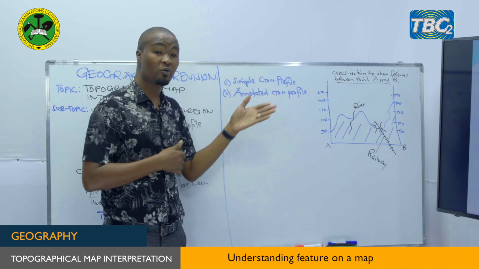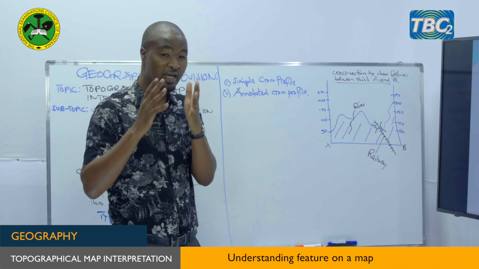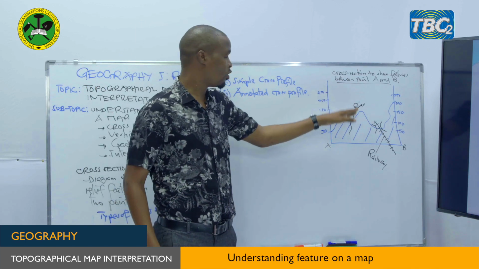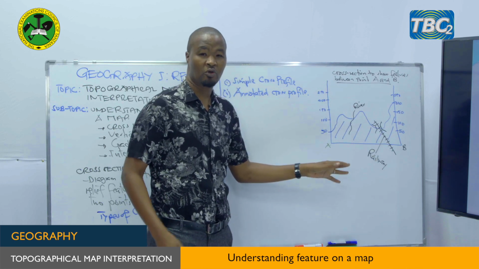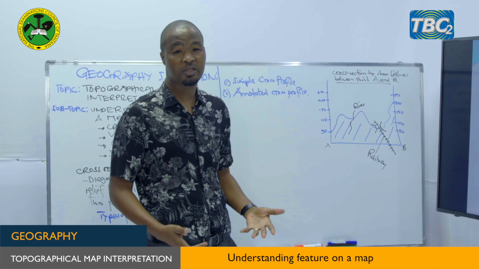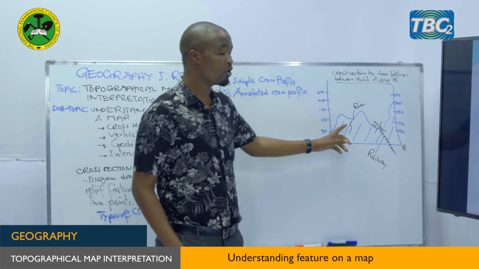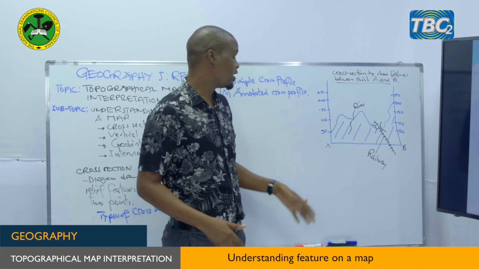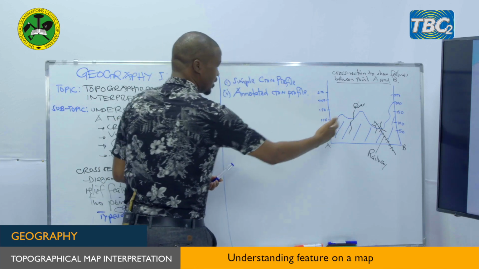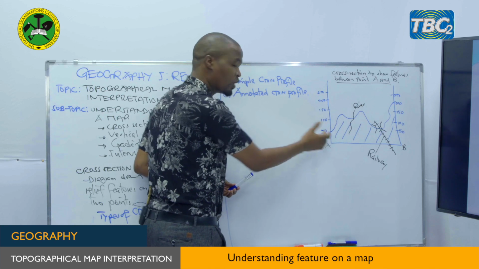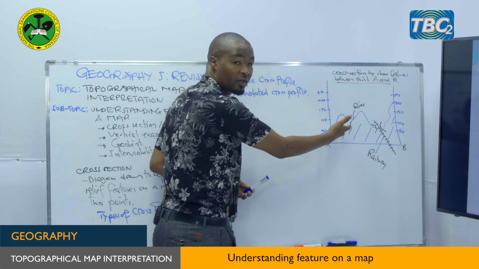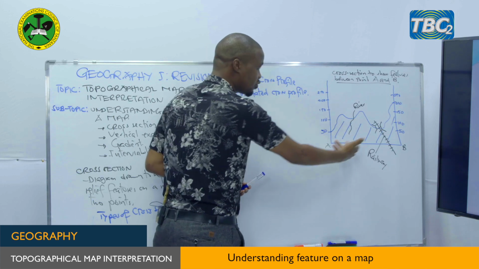The simple cross profile we refer to as the cross profile or the diagram that is drawn with no title or shading like this. That's why we call it a simple cross profile, or a simple diagram drawn to represent the physical features without labeling or indicating them. So as you can see, for instance, this is annotated because it has a title and we have labeled, we have indicated the features between 2 points on the map.